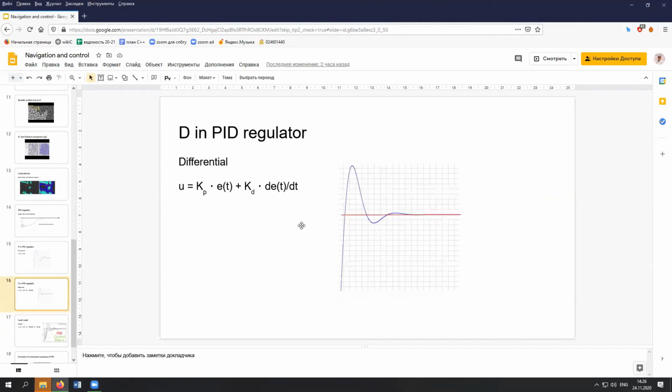Then we can add the differential. The idea is that we can look at how fast the error function changes, and the faster it changes, the more it means that we are rotated perpendicular to the trajectory.